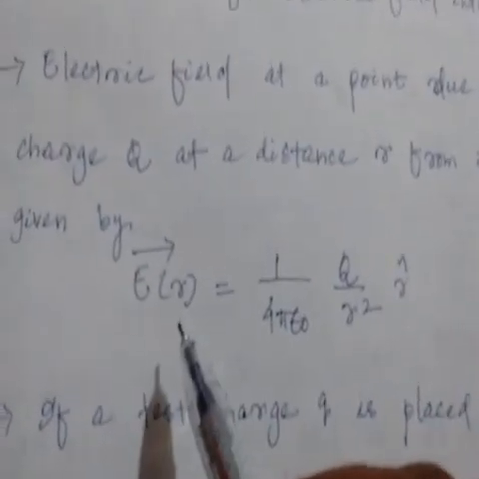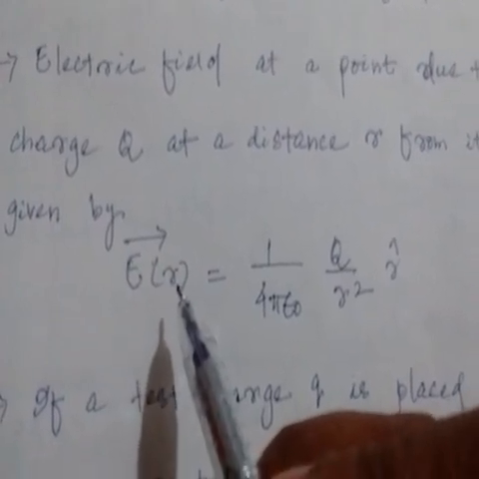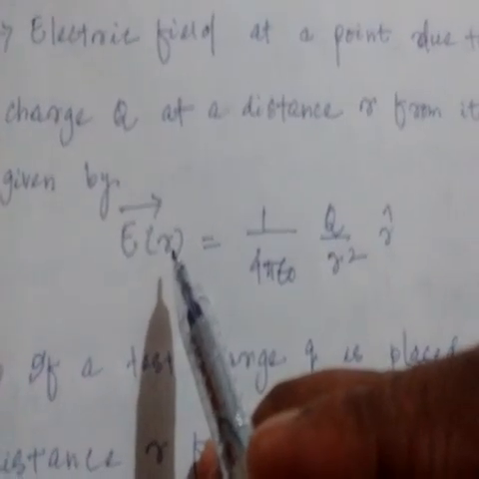Now come to the formula. The formula says the electric field at a point, here R means the magnitude of the position vector of the point.